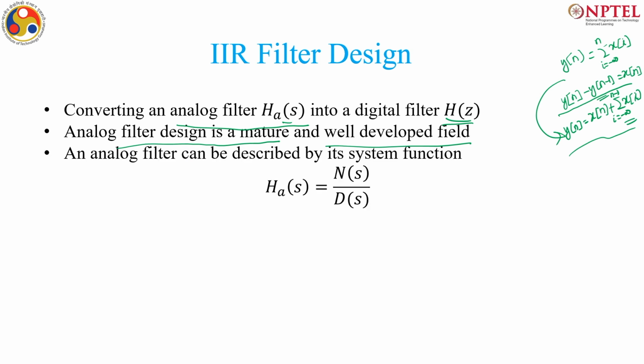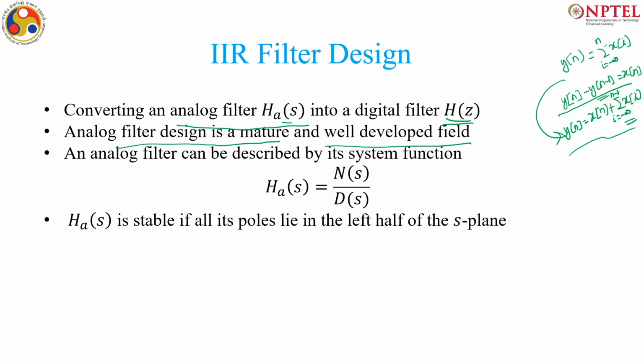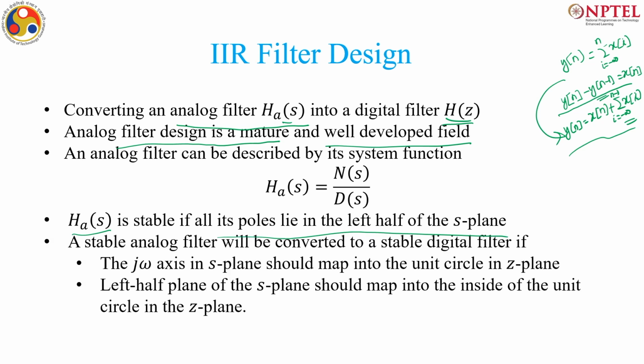So, an analog system or an analog filter can be described by this function N(s) by D(s), H(s), in the Laplace domain. H_a(s) is stable if its poles lie in the left half of the s plane. Now, if you want to design a stable IIR filter, then if the analog filter is stable, its poles will be in the left half.